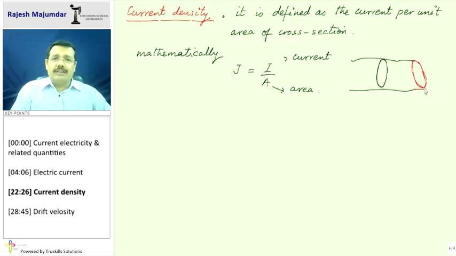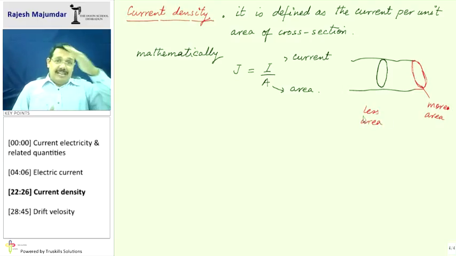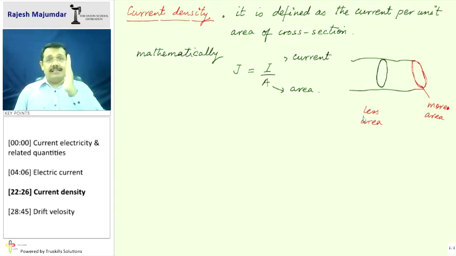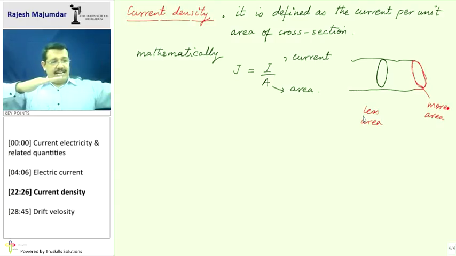The black one or the red one? Yes, can you guess? Yes, the red one will have more area. And this has less area, isn't it? Because it is slanted, so the area will be much more than what is perpendicular. Perpendicular areas are the least to the flow of the electrons. But if I take it as slanted, then this entire area will be bigger than this area.